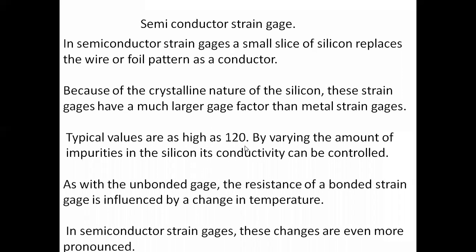So it will offer a very high value of the gauge factor, 120. By varying the amount of impurities in the silicon, its conductivity can be controlled. How can we get this type of gauge factor value? We can add some impurities.